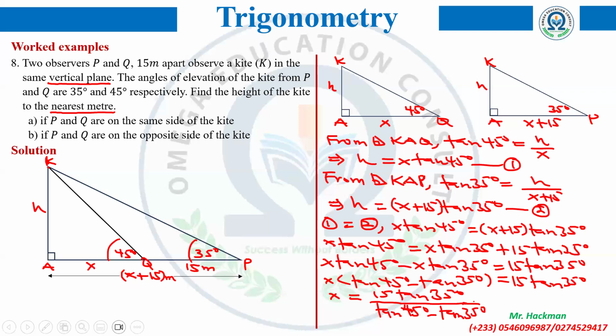This is where the calculator comes in: after you've made your variable the subject, that's where you use the calculator. Otherwise, if you approximate early and later approximate again, the more you approximate, the more you move away from the accurate answer. My professors, point well made.